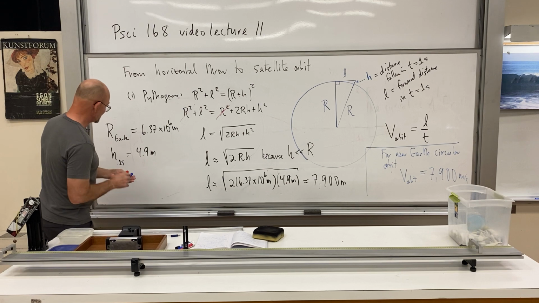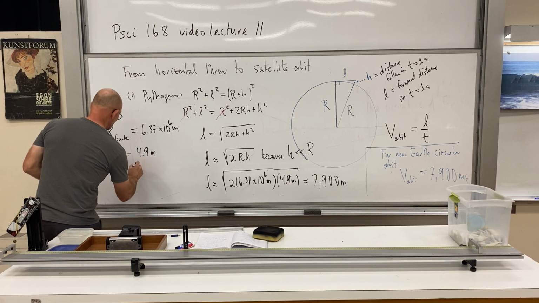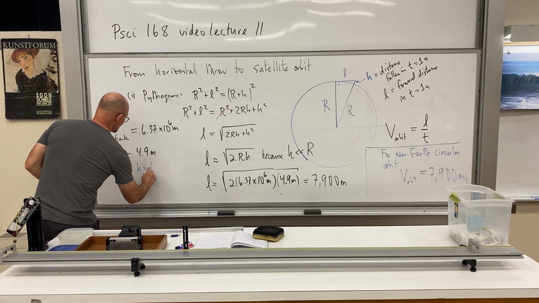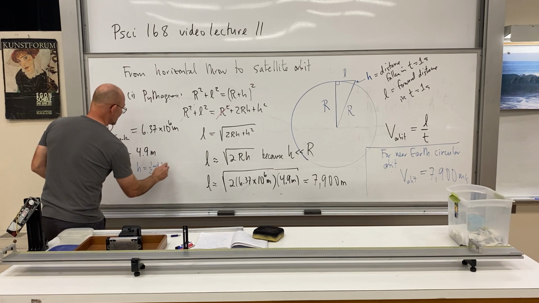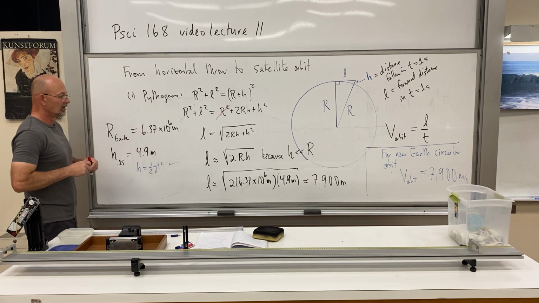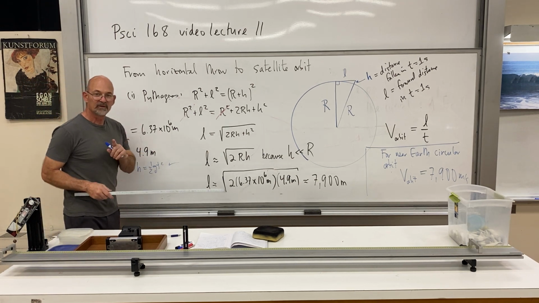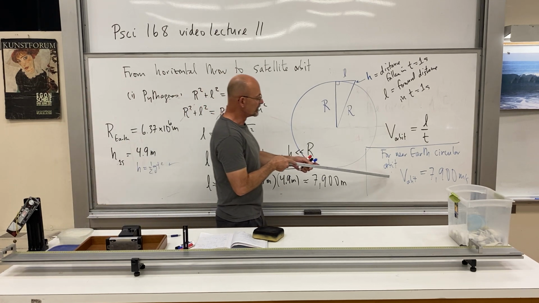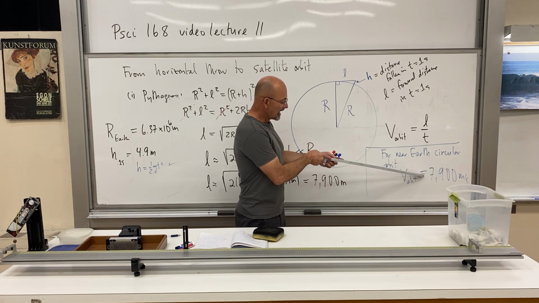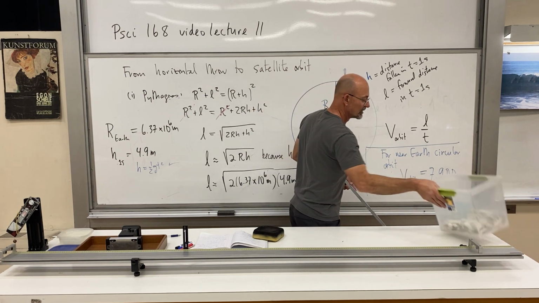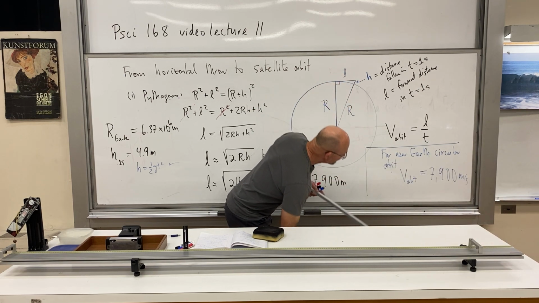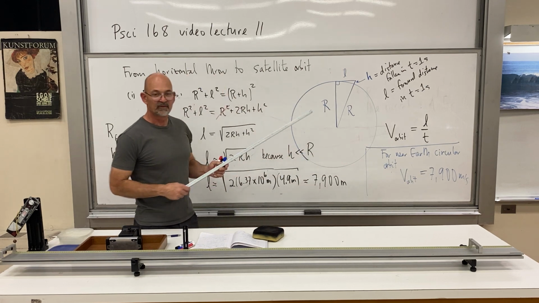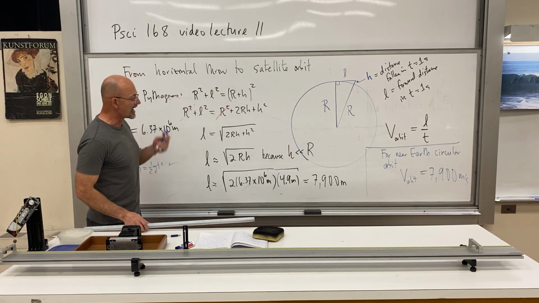Remember, this came out of h equals 1/2 gt squared. So this is a result we've gotten fair and square all the way from the beginning, and now we know the speed of an orbiting satellite around the Earth. And notice, that's pretty fast. 7,900 meters per second is pretty fast.